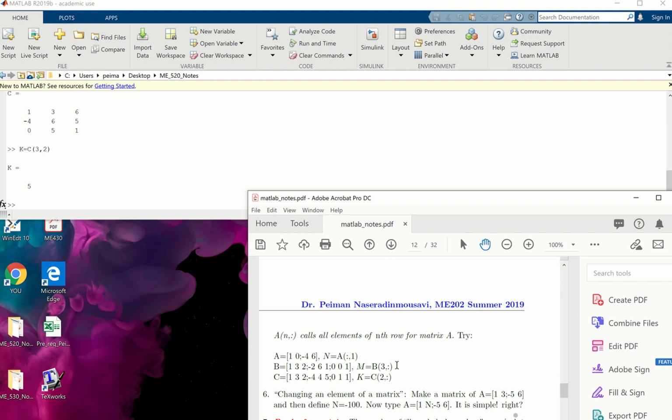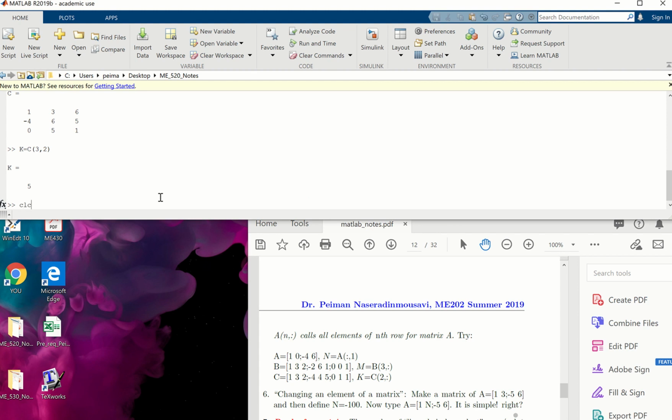So please pay attention. A(:, n) calls all elements of the nth column of matrix A. This is very interesting, guys. Suppose, let me go up, you have our matrix exactly here, but the only difference is this is 0.